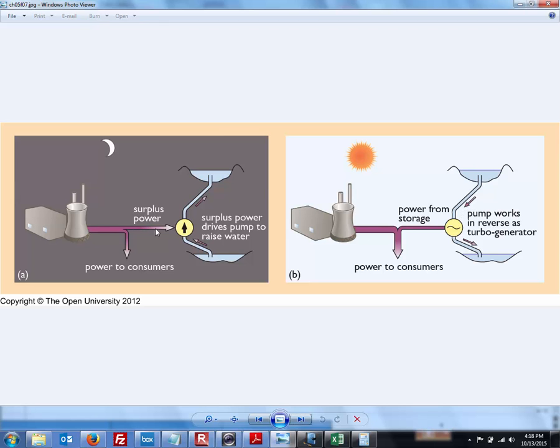It would be a flow in this direction, from the top to the consumer, but at the same time you would be pumping up in a separate shaft in here, taking water from the reservoir.